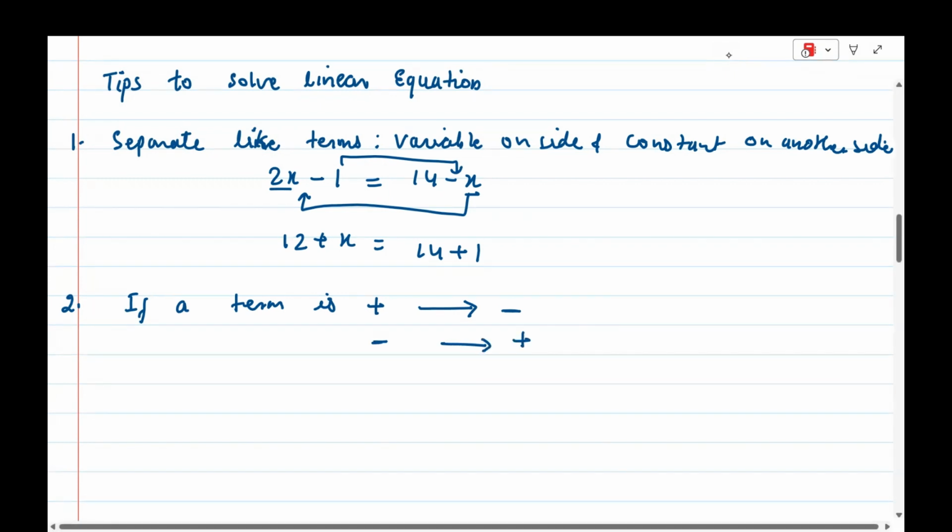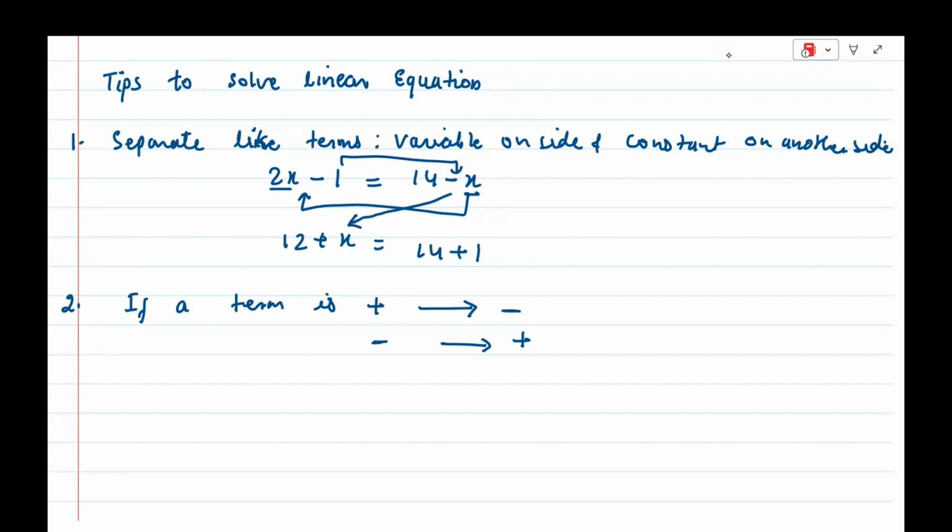Like here in the above example, on the right hand side, it was minus x. So that is why when it came to left, see minus x has become plus x. And on left hand side, it was minus 1. Going to another side, it has become plus 1. So when it changed the side, it will change its sign.